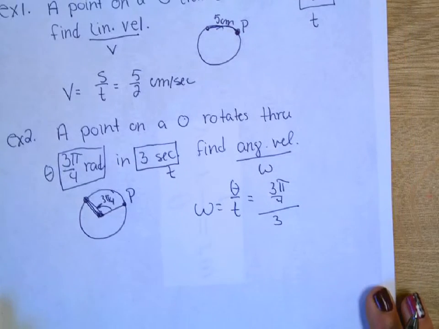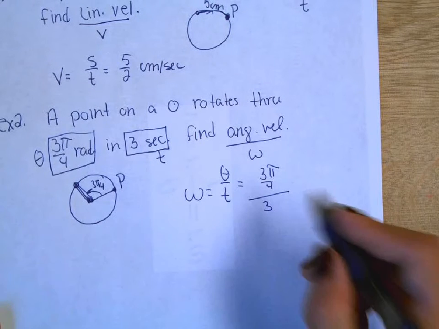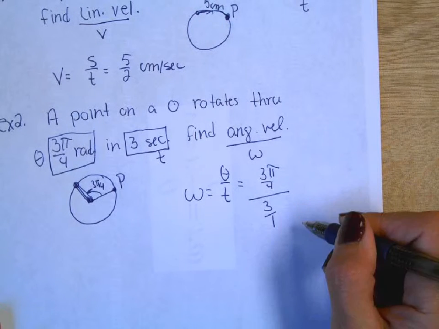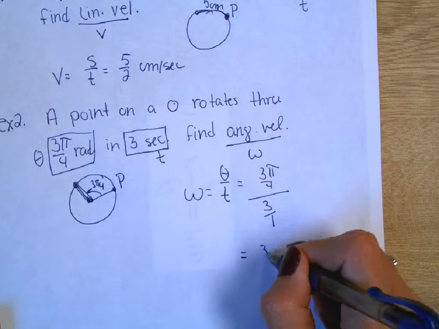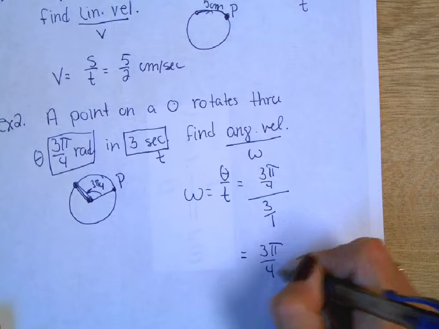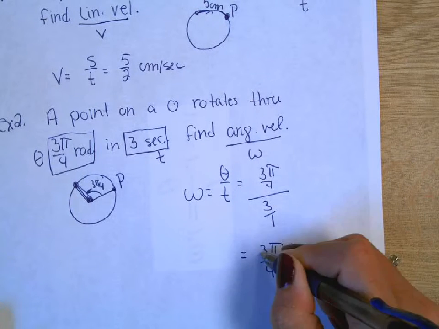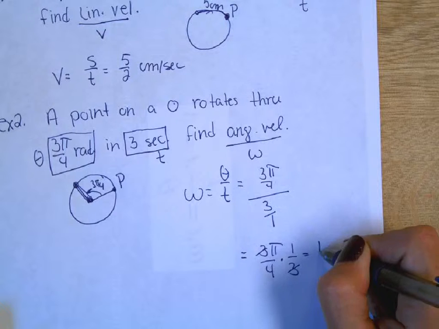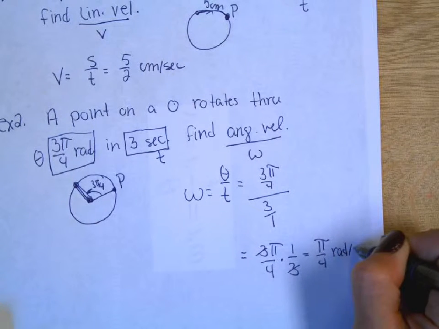If I want to be exact, I want to see pi in the answer, what's going to be our algebra to do that? We're going to make that over 1. We're going to use junior high fraction rules. We're going to keep the top the same. We're going to flip the bottom over and multiply. And we will get pi over 4 what? Radians per second.